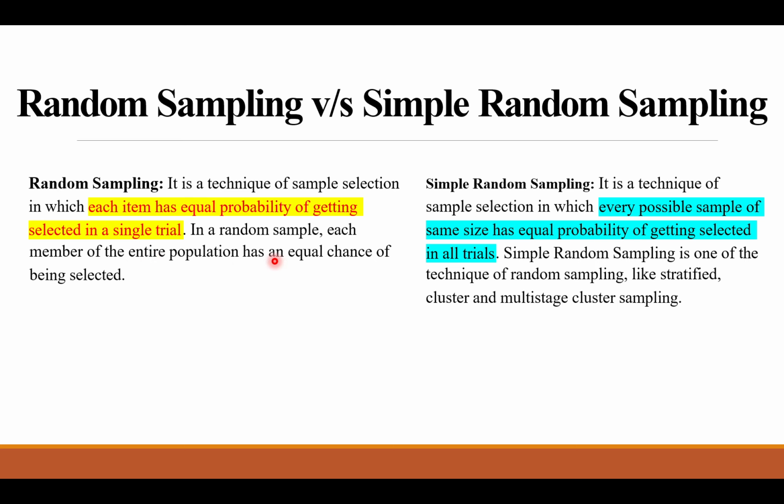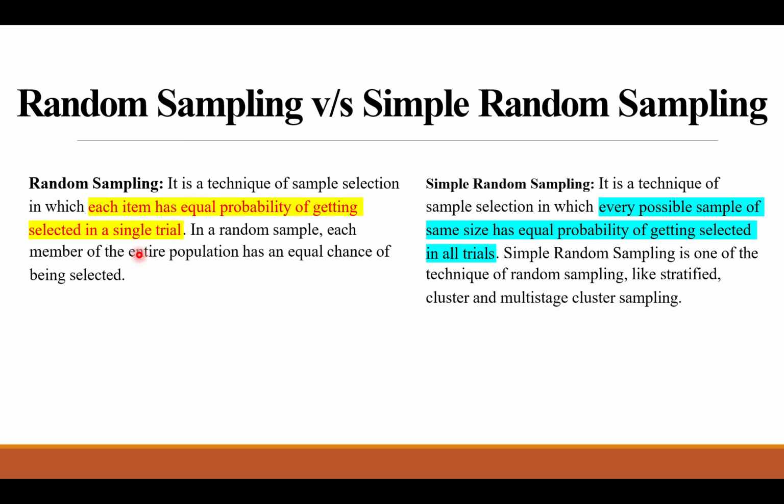What is random sampling and simple random sampling? Random sampling is a technique of sample selection in which each atom has equal probability of getting selected in a single trial. In a random sample, each member of the entire population has an equal chance of being selected.